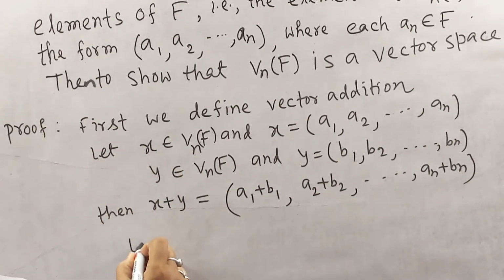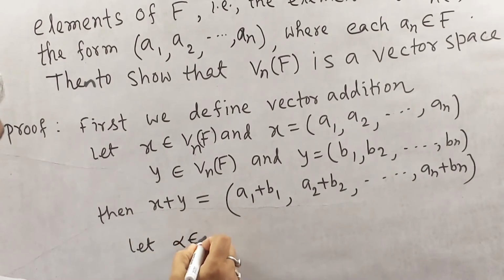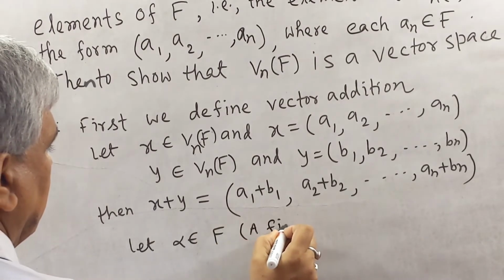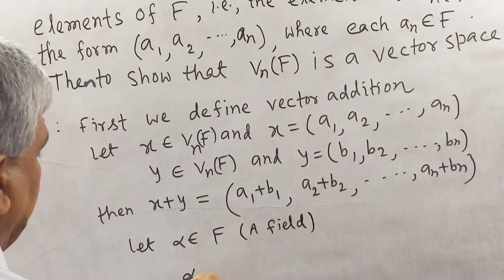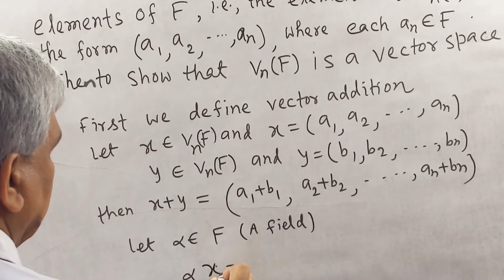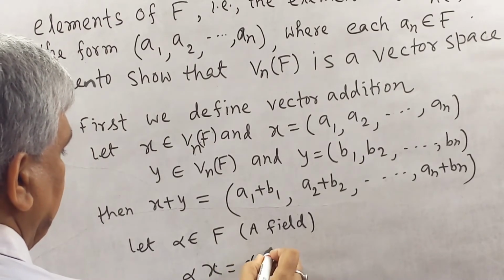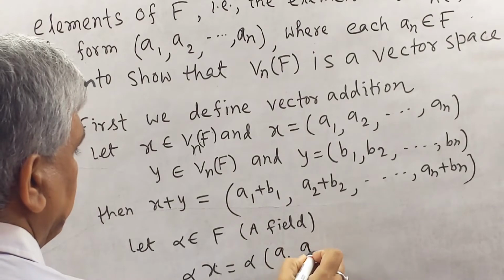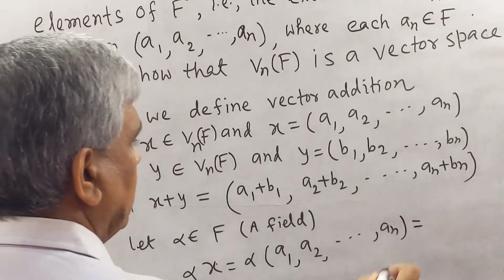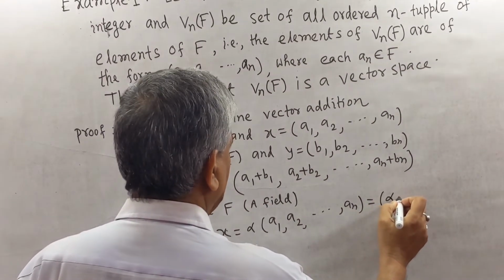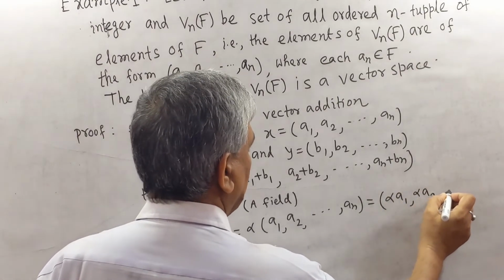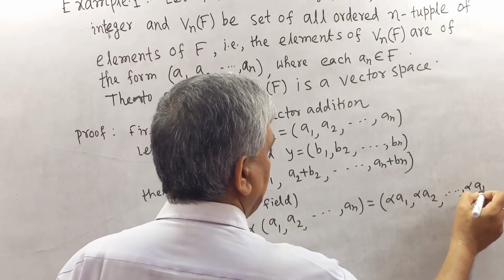And let alpha belongs to field F. Then alpha x equal to alpha (a1, a2, ..., an) equal to (alpha a1, alpha a2, ..., alpha an).